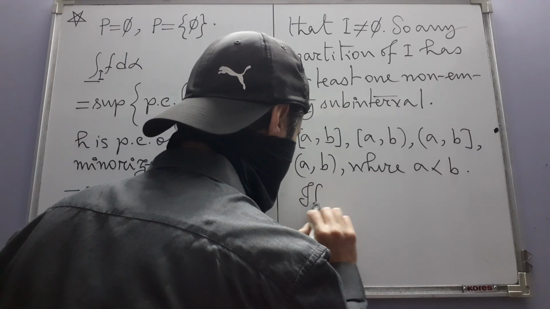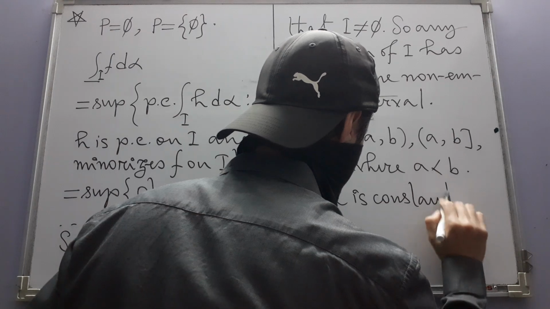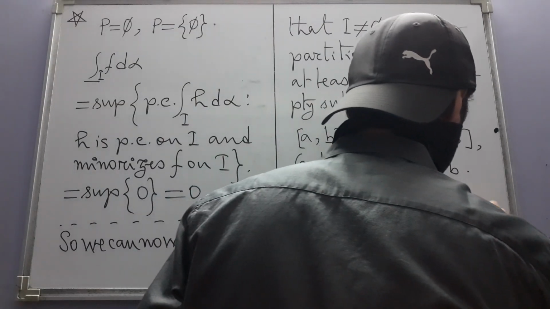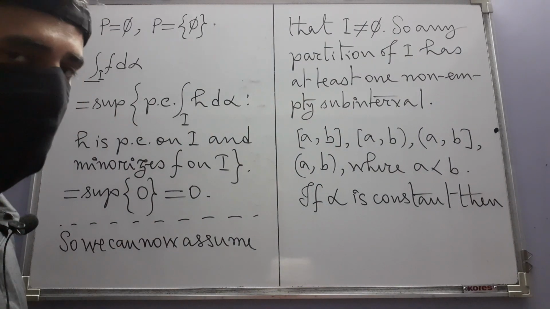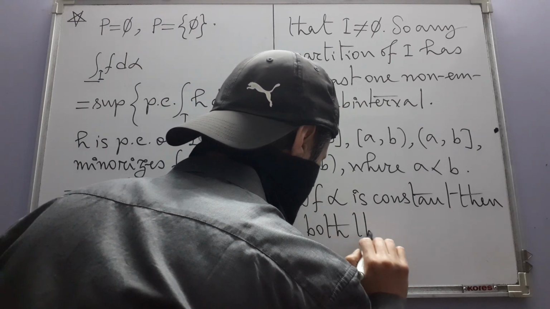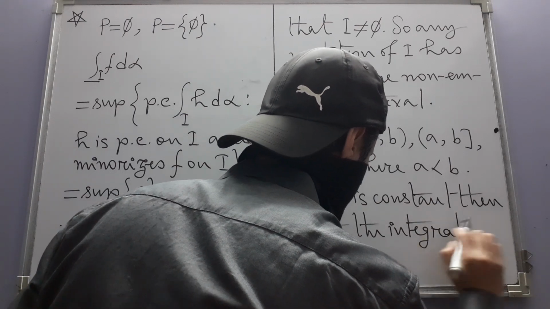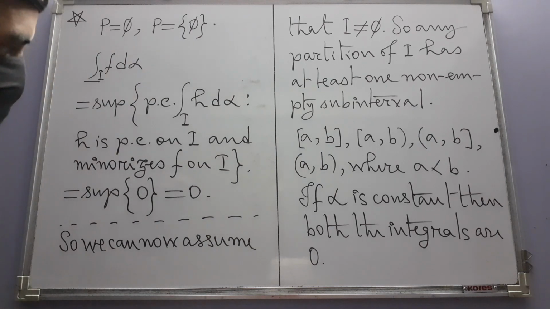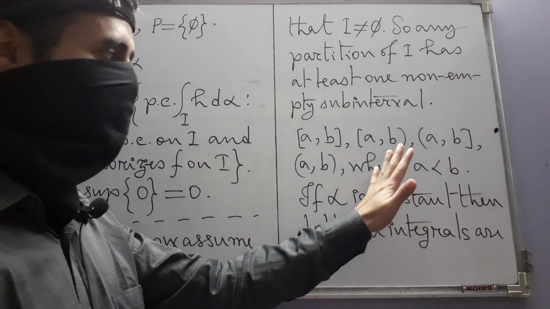So, we are just going to see bits and parts of this. If alpha is constant, then also both the integrals are 0. A similar thing as this one, but here, however, I is like this.